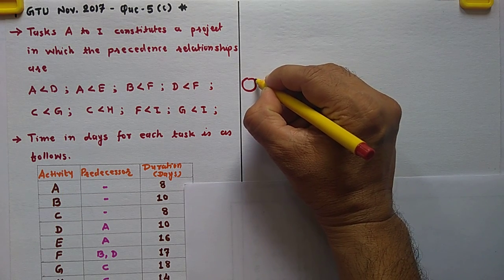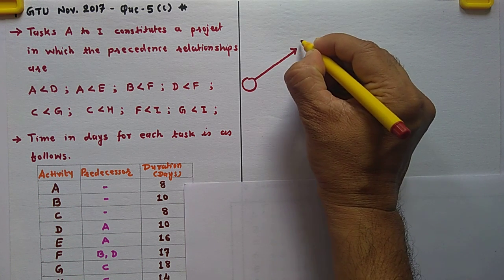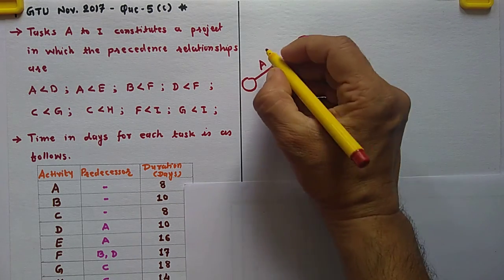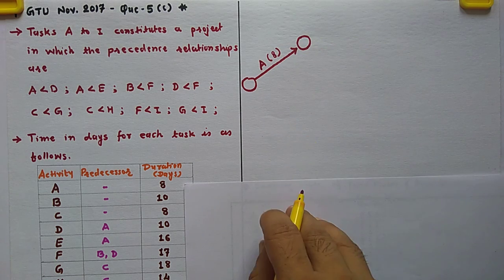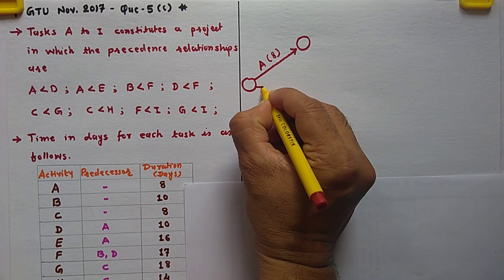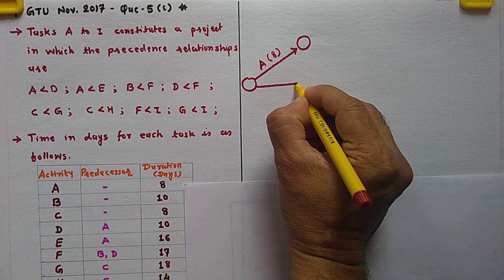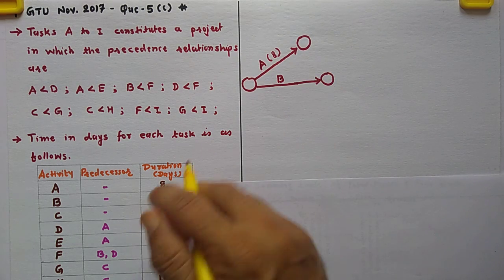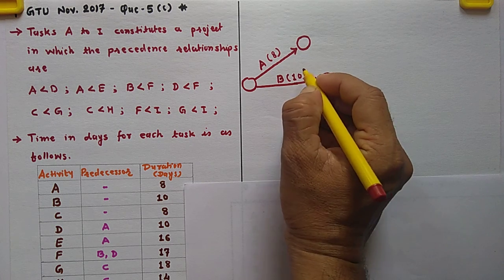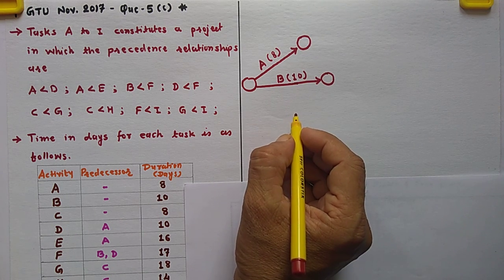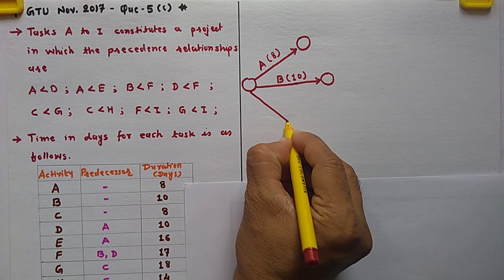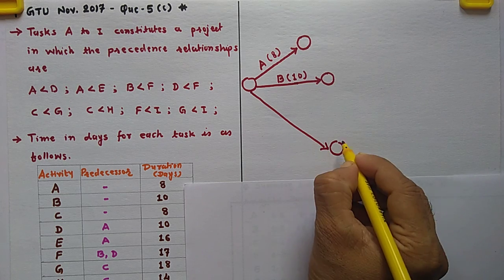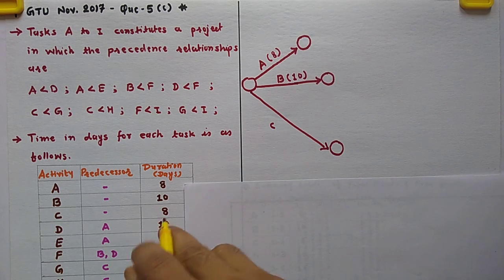So here I will draw this: activity A and the duration is 8, then activity B, the duration is 10 days, then activity C, and the duration is 8 days.